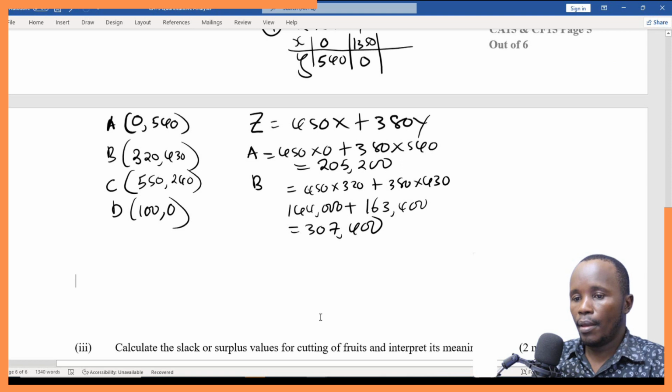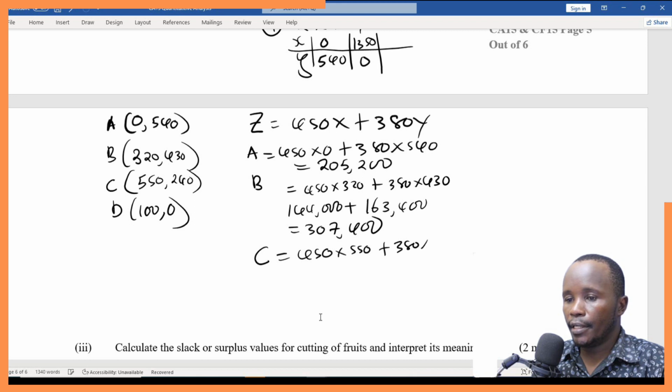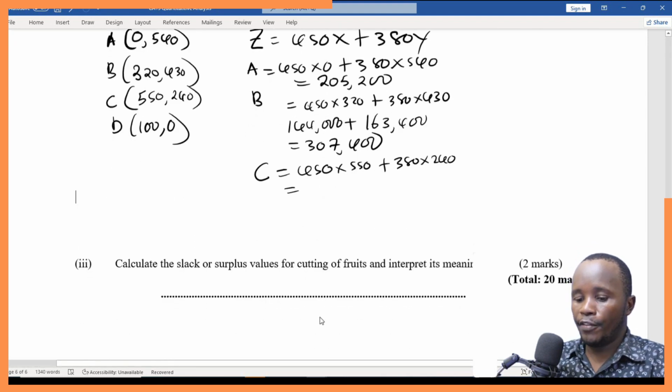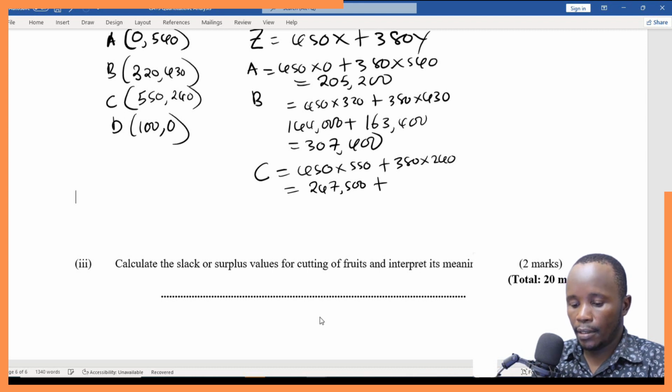C, we have 450 times 550 plus 380 times 240. What do we have here? 450 times 550 gives me 247,500 plus 380 times 240.